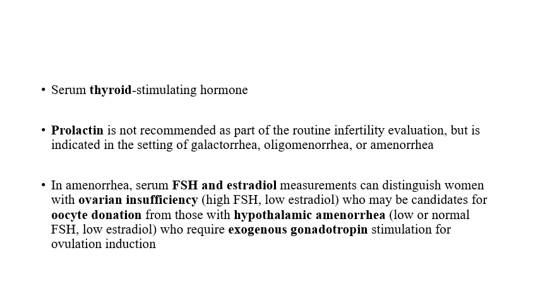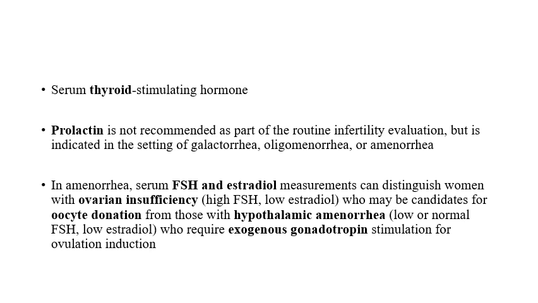estradiol. If the FSH is high and estradiol is low, this means ovarian insufficiency is there and they are candidates for oocyte donation. If the FSH is low and estradiol is also low, this means hypothalamic amenorrhea, and they will require exogenous gonadotropin for ovulation induction.